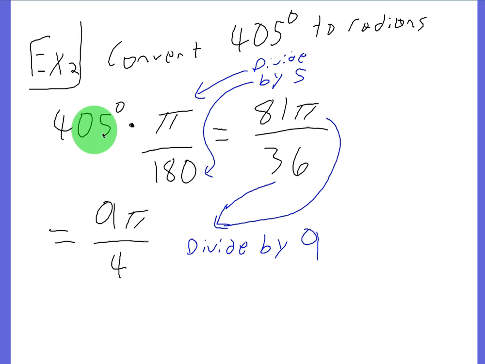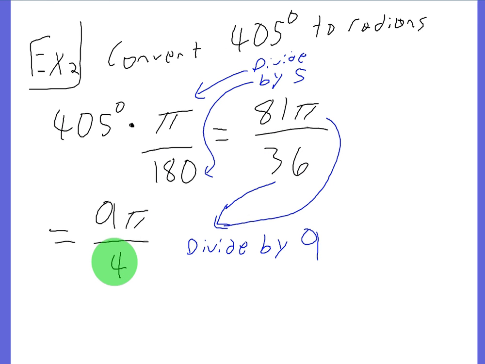Let's say we want to do 405 degrees. Well, multiply it by pi over 180. We'll do it the long way this time. And you can immediately tell 5 goes into both of them, so divide both by 5. 405 over 5 is 81. 180 over 5 is 36. And then divide by 9 from there, because 9 goes into 81 and 36.